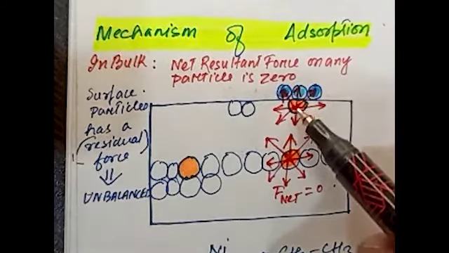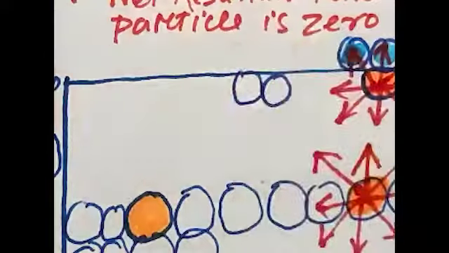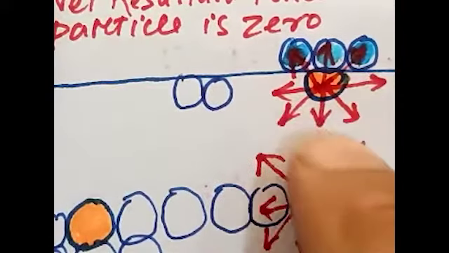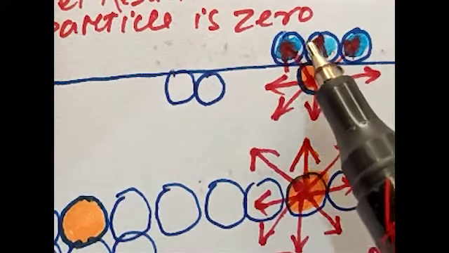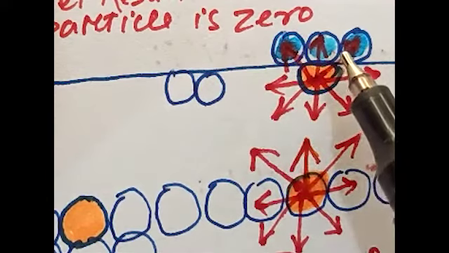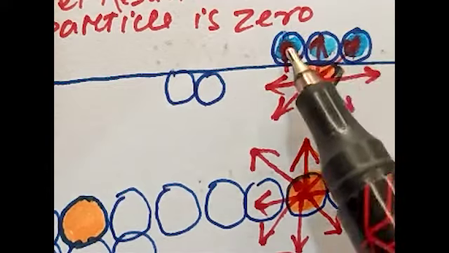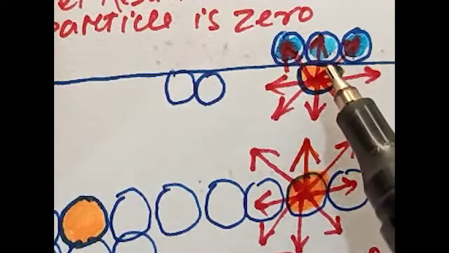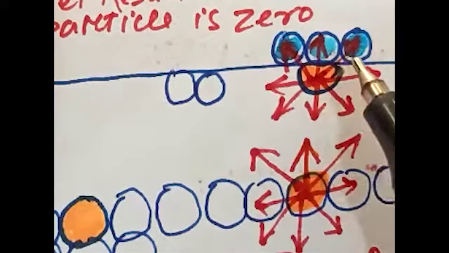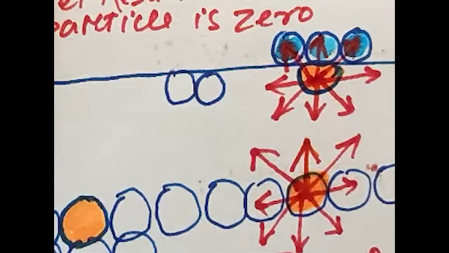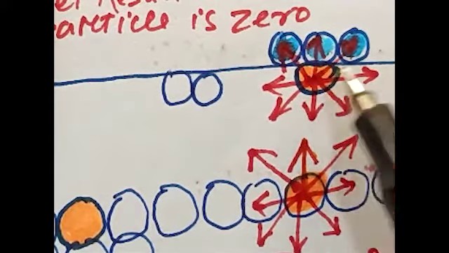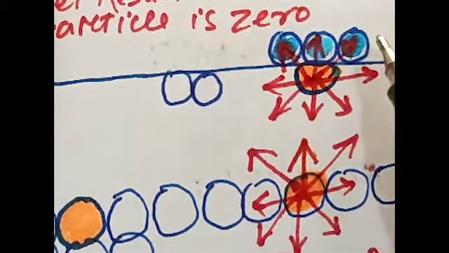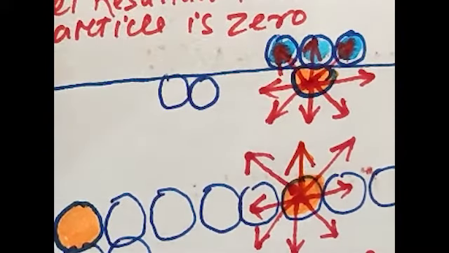The forces which were acting downward had no particle to balance them. Now 3 particles from outside, suppose water particles, got stuck, and therefore the particles on the surface are now balanced in all their forces. So to balance the residual force on the surface, particles get adsorbed there. This is the mechanism of adsorption.